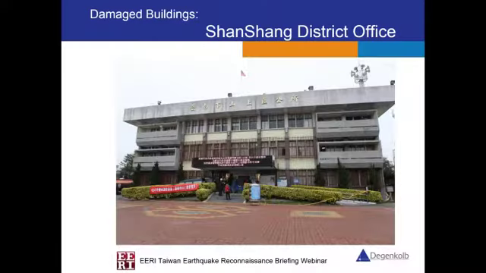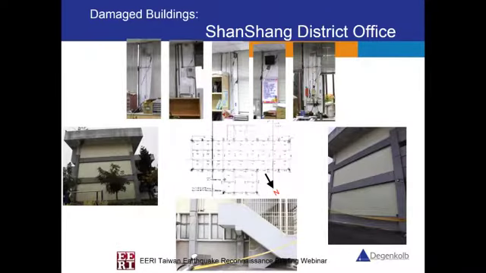One of the city hall type office buildings we visited is the Sansan district office. It's a 3-story building, and from this overview picture of the site, it looks like it's not severely damaged. But if we go inside the building, you can clearly see the short column failure, and the failed columns also mostly align in the east-west direction.